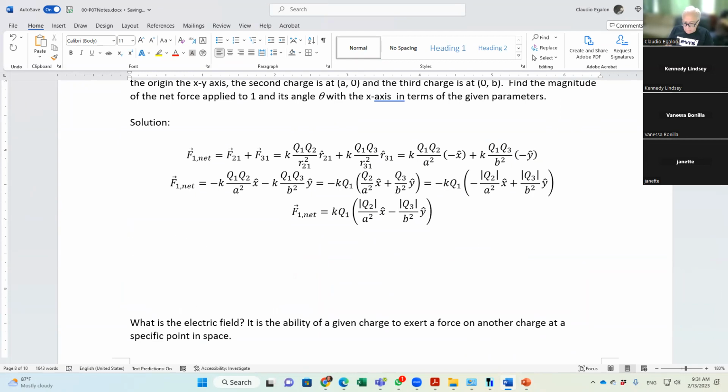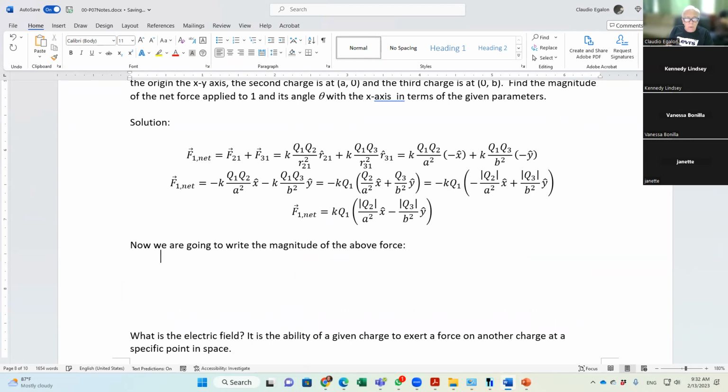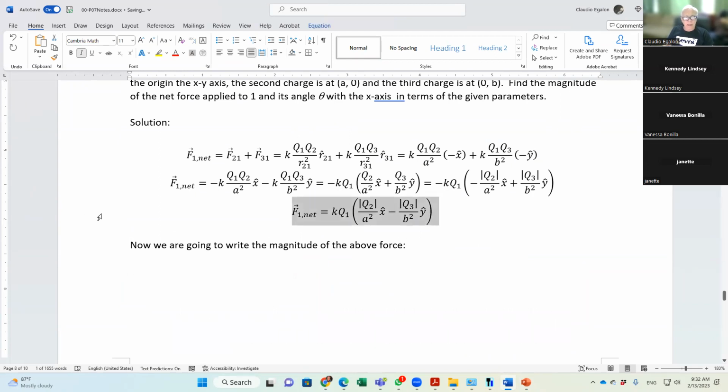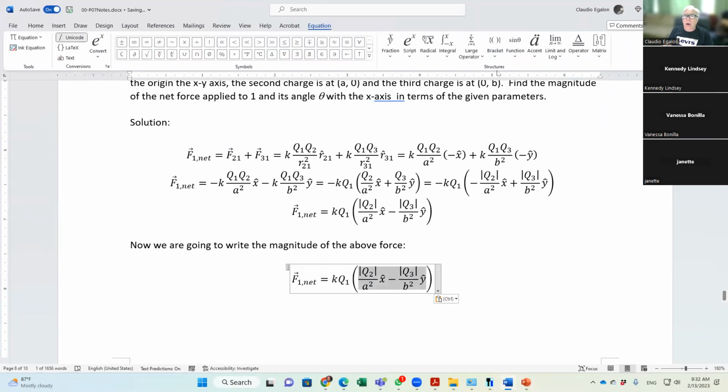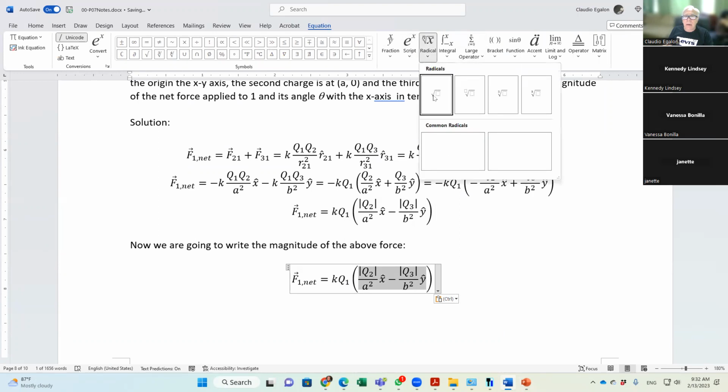Now we're going to write the magnitude of the above force. Those two vectors are perpendicular to each other, so what we have to do is come up with a square root right here.